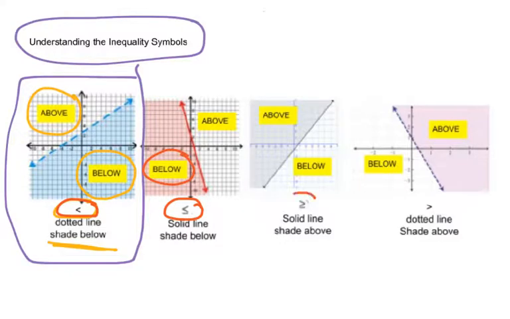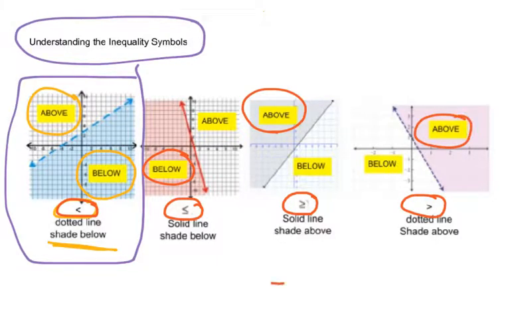We're going to make it solid if it's greater than or equal to. And we're going to shade it above the line because it's everything greater than the line that are solutions. It's not just the line itself. Then we had just the plain greater than symbol, which will also mean we shade above the line. So you can use this as a reference to know what each symbol means.